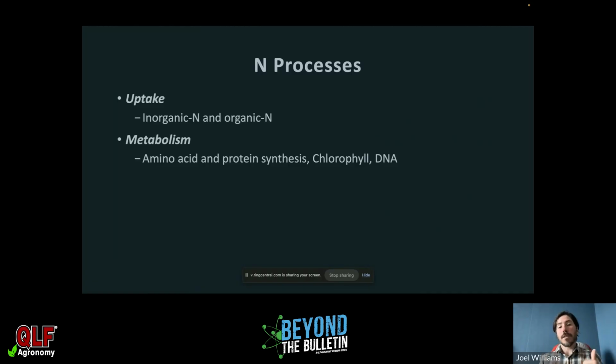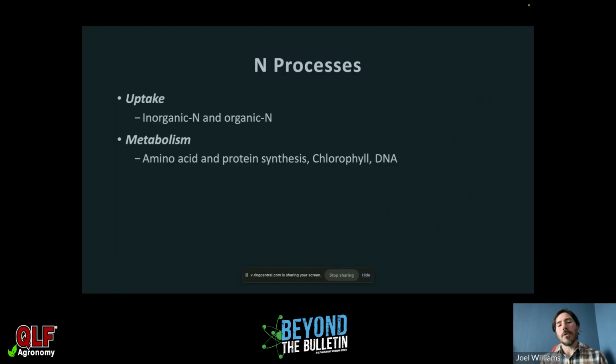We're often interested in high protein from a nutritional quality point of view, but there are many other proteins that provide more functional purposes. Many of the proteins are enzymes. They catalyze reactions and help the plant grow in all sorts of different contexts. So protein synthesis is a big outcome of, and a big reason why, plants scavenge nitrogen.